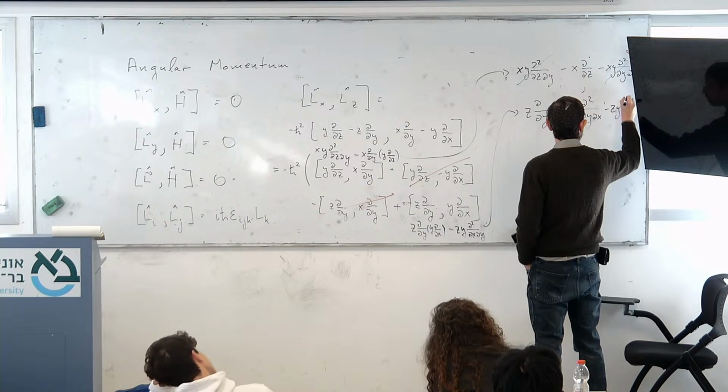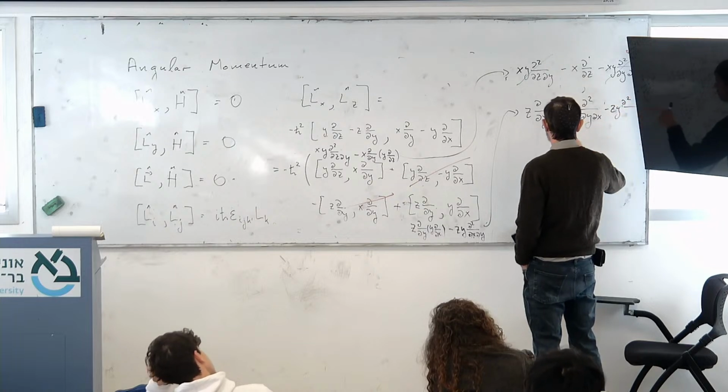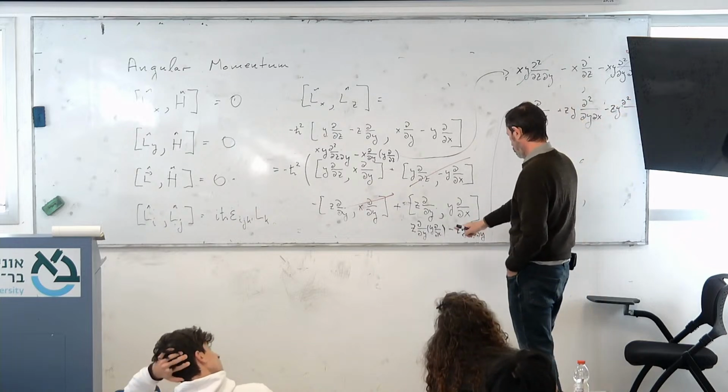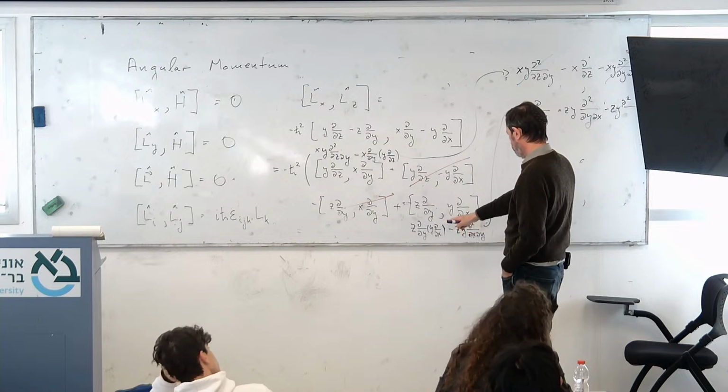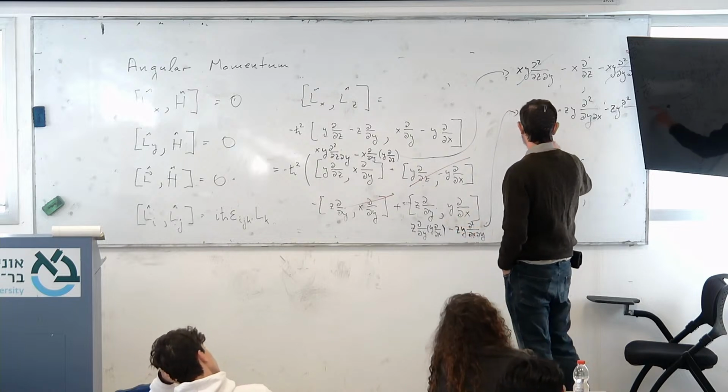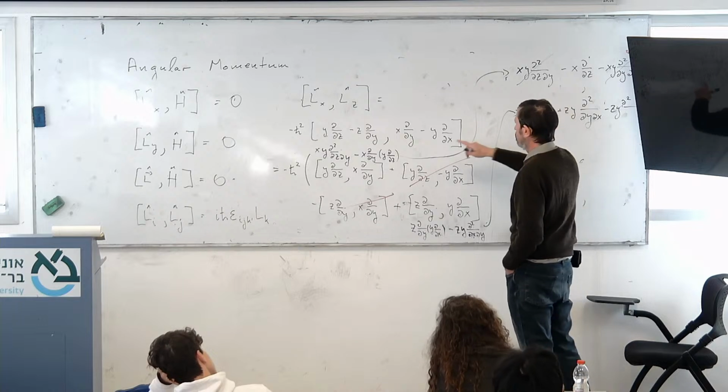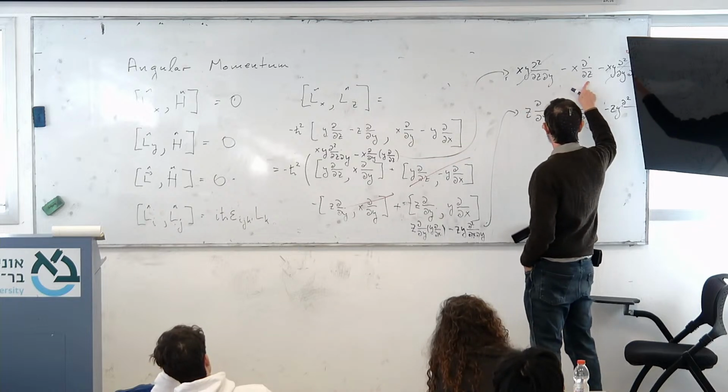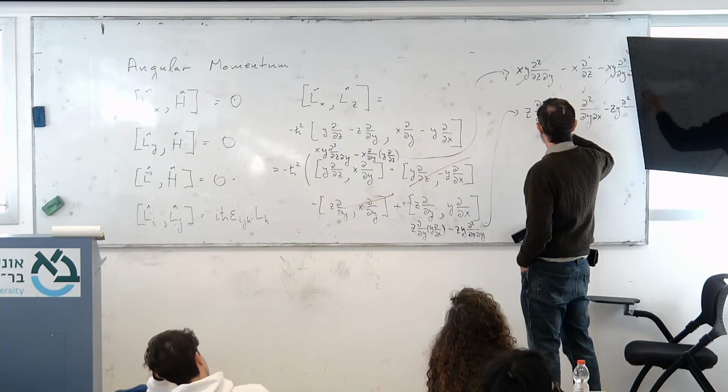That should be z times ∂ over ∂x. So here I did, no, just ∂x, not just replace y with y, right?